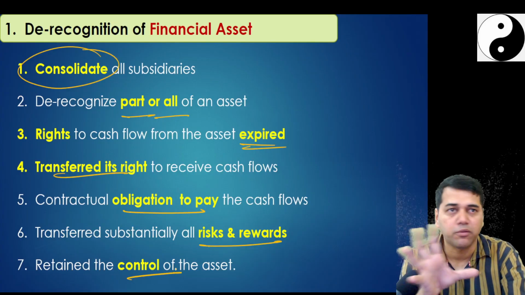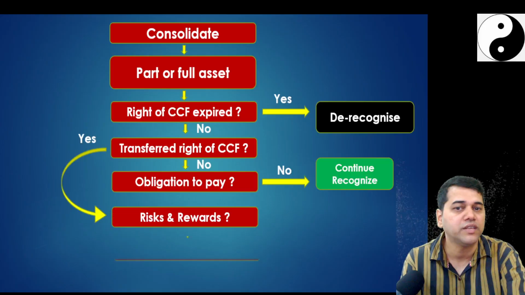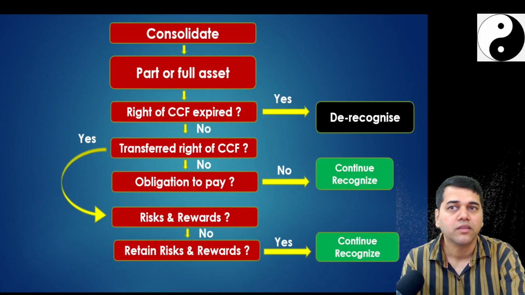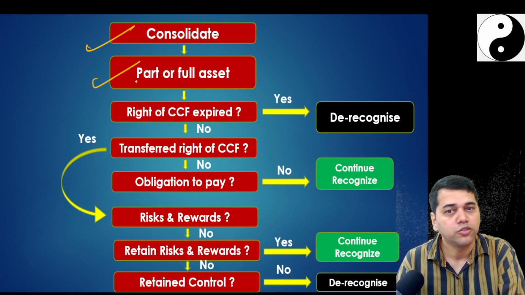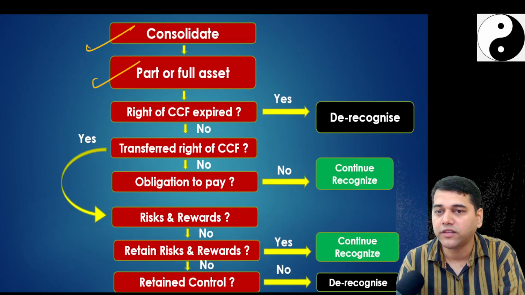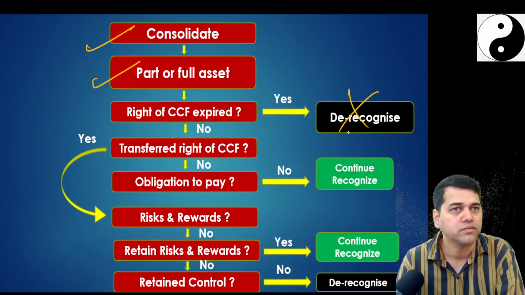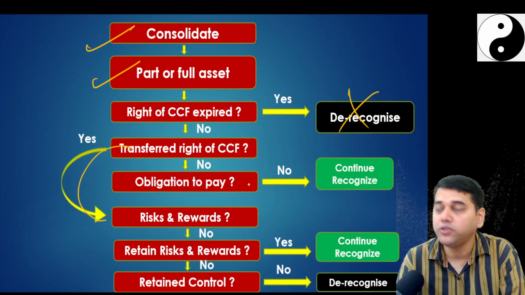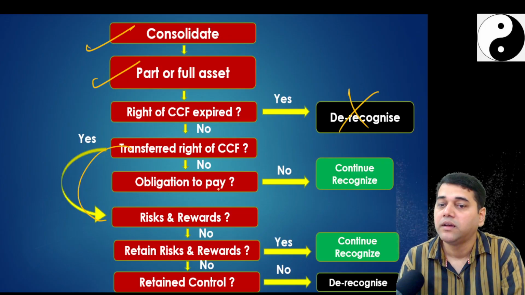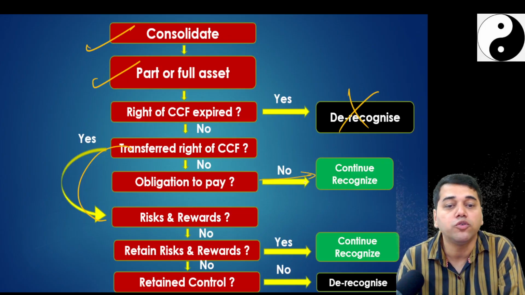I showed you in the form of one chart. Okay, so this way the chart goes. That means first you consolidate, you check all the part of the assets or the full asset. If expired, close. Not expired, did you transfer? Yes. Or you didn't transfer. Okay, but you have no obligation to pay also.